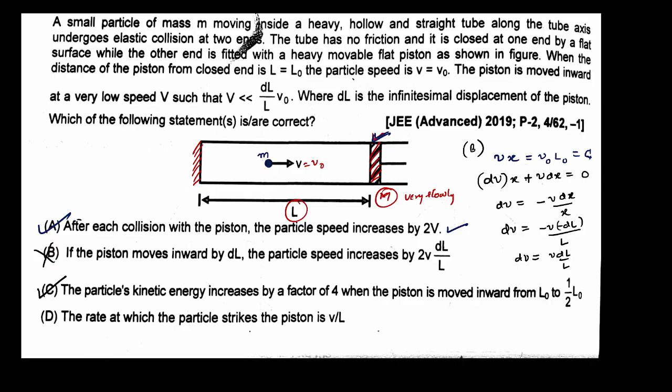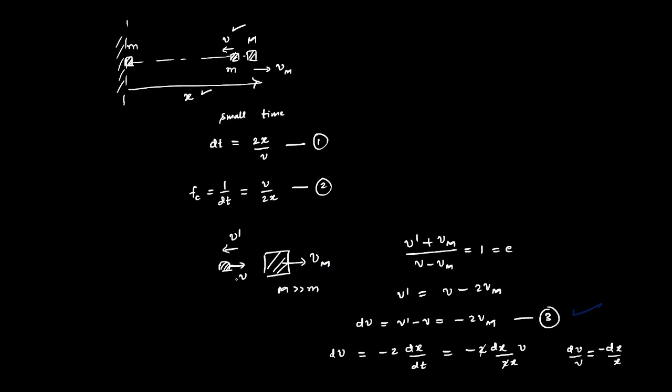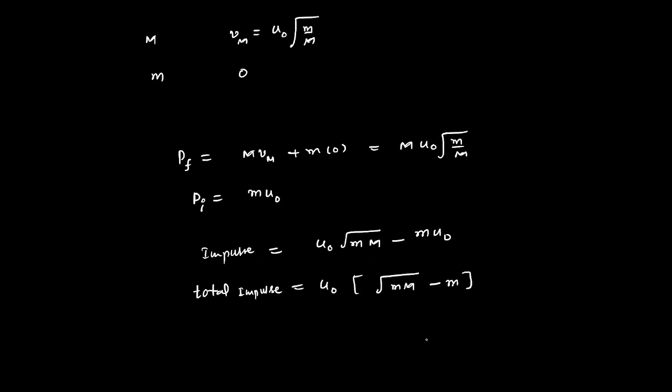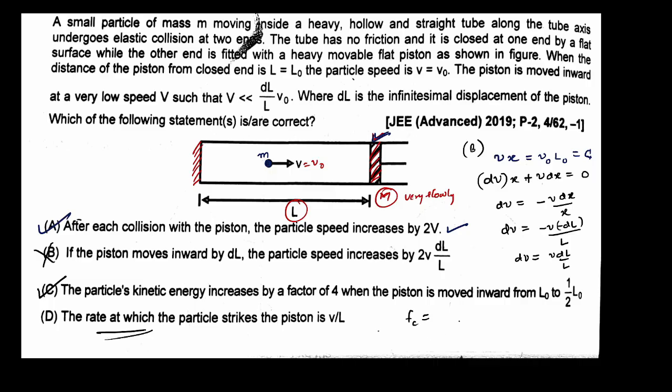The rate at which the particle strikes the piston is v by L, it seems. The rate at which the particle strikes is nothing but the collision frequency. And the collision frequency we got from equation 2 is v by 2x, correct? So what we expect here is v by 2 times x.